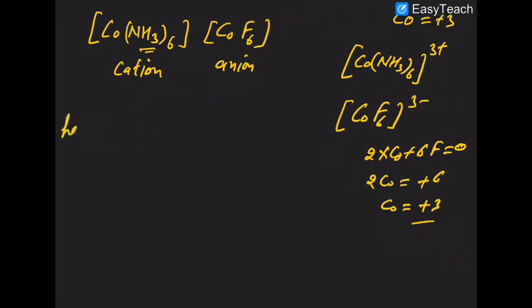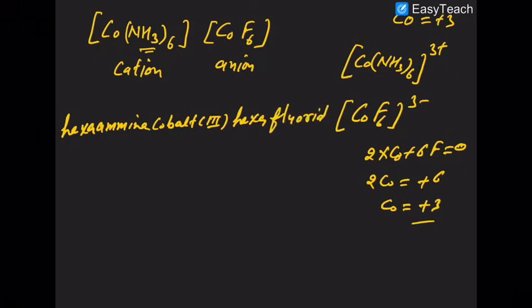So the name is hexaamine cobalt 3, hexafluorido cobaltate 3. Are you getting that or not? So here what would you see, that in the anionic complex the name should end with -ate.